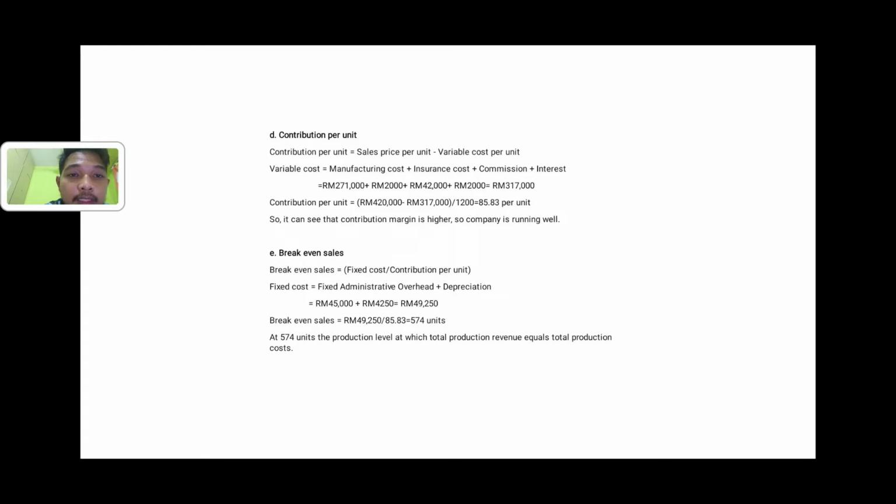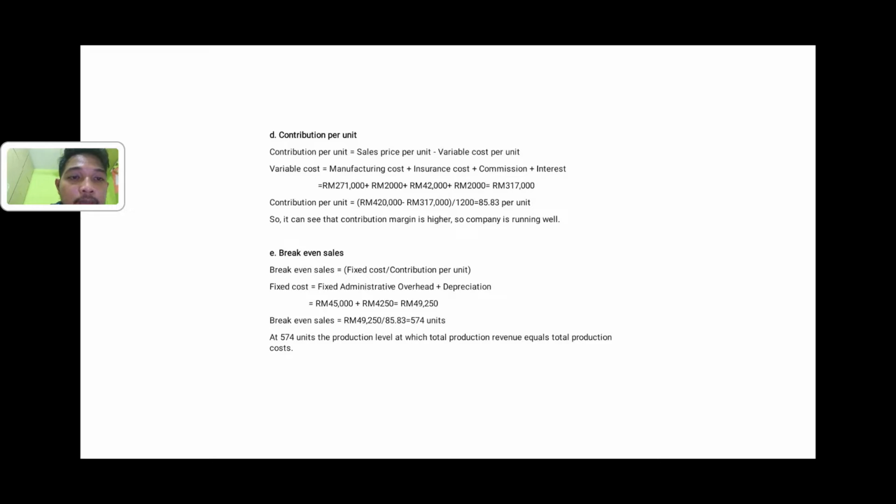For E, break-even sales. Break-even sales is equal to fixed cost over contribution per unit. To find the fixed cost, we need to add the fixed administrative overhead plus the depreciation.